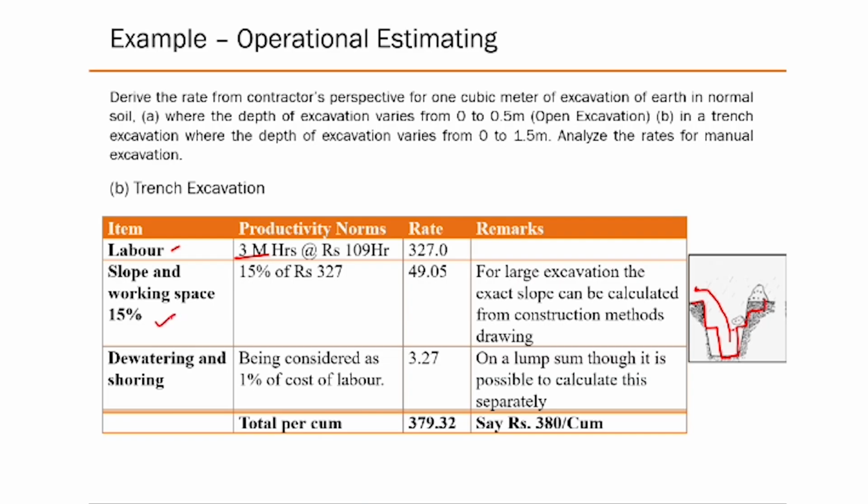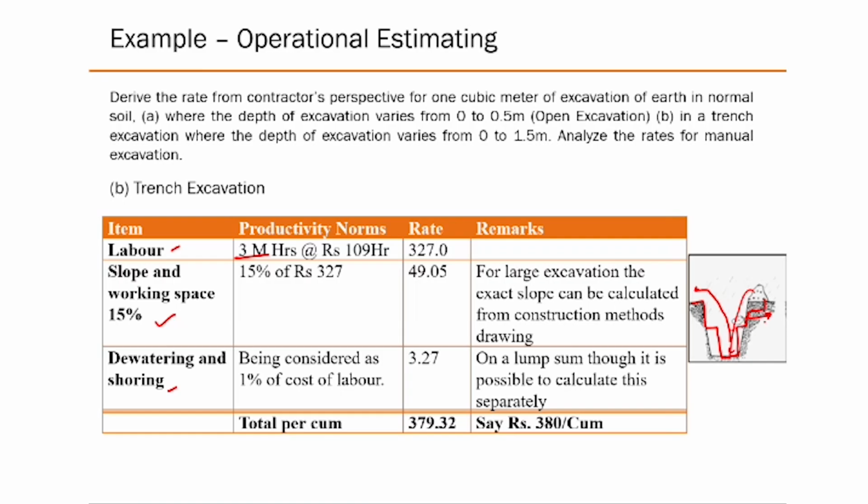But you also need sloping and workspace, which I've given you as an estimate in this case of just 15% of the total amount. You may need dewatering and shoring. Dewatering is essentially that sometimes water gets filled in, or you need to suck the water out from this particular area, because water is what creates the overburden pressure, and that can lead to a cave-in.